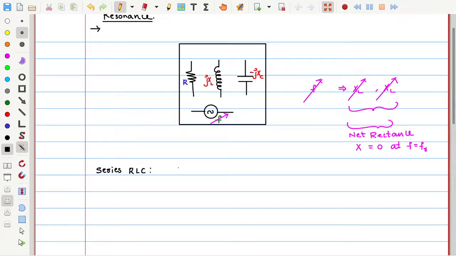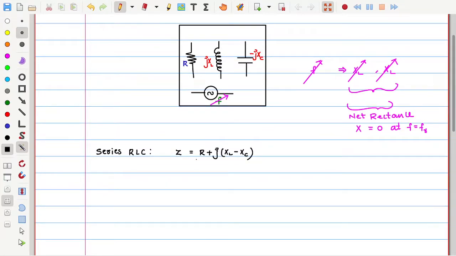Then if we assume it is a series RLC circuit, the total impedance of the circuit is R plus j(XL minus XC), right? Now at resonance, the net reactance in the circuit, that is XL minus XC, will become zero.